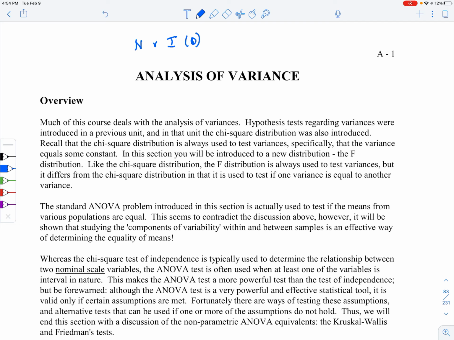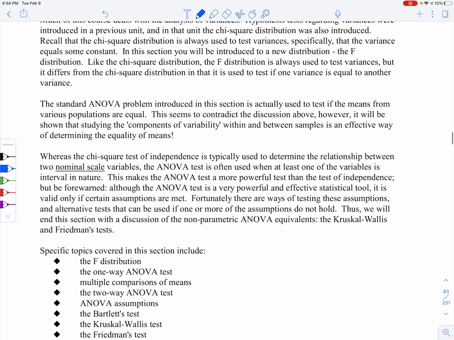And then we might have an interval variable such as, well, how many hours do you spend studying per week? So that's nominal versus interval. And we would say, well, that's a candidate then for ANOVA. And there's certain conditions that need to occur for it to be a proper ANOVA test, but we'll take a look at those as we go through here. So that's what we're looking at here then.